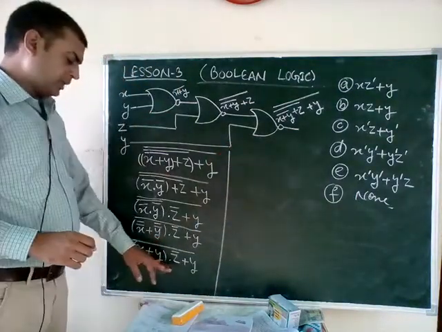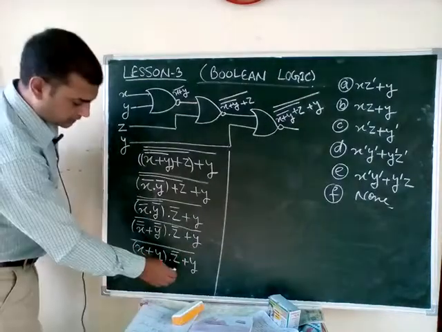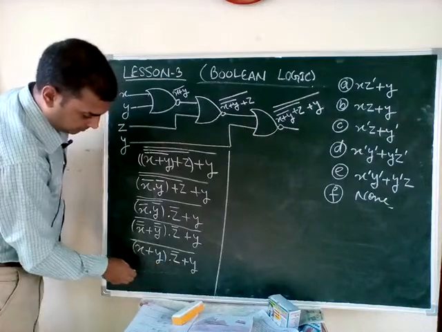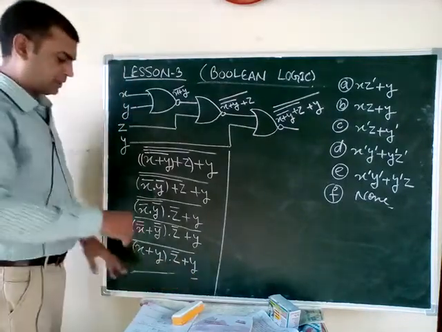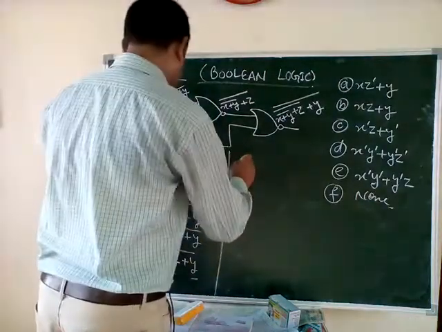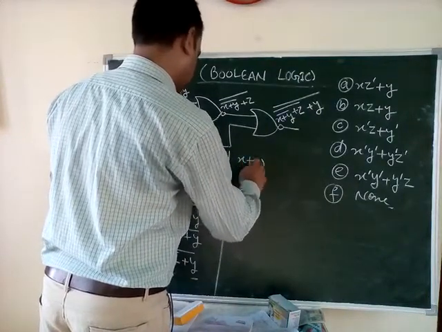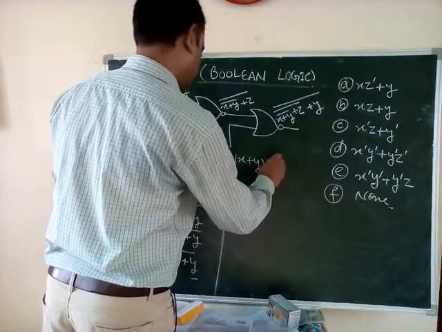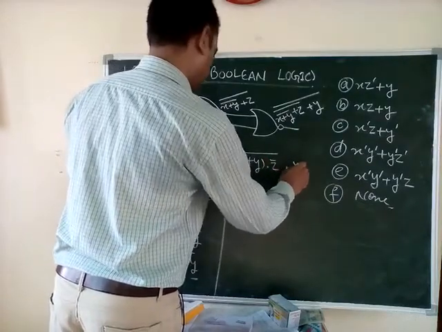Now you have to solve this for the full function. This is your first function and this is your second function. So in this part you have to solve it for the full function. You will write x plus y into z bar whole bar into y bar.